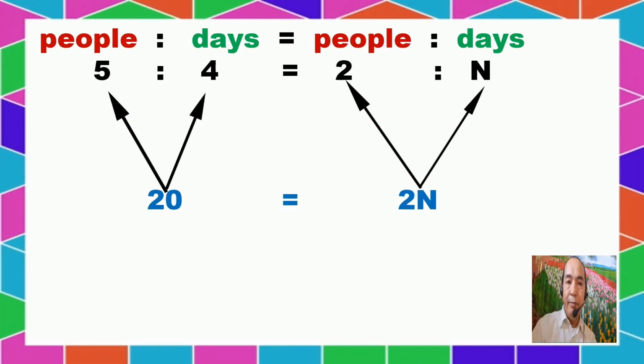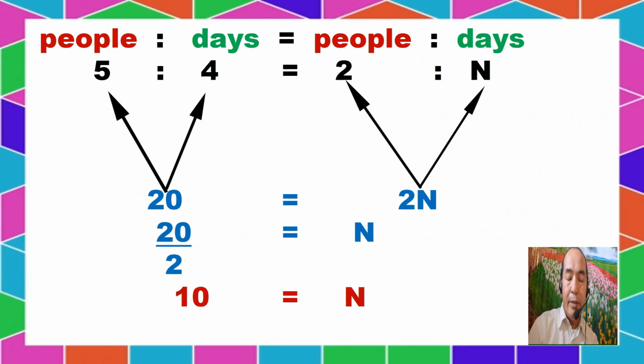So doing the multiplication, we have 5 multiplied to 4 will give us 20 and 2 multiplied to n will give us 2n. So we have 20 equals 2n. To find the value of n, we will divide 20 by 2, then we have the result of 10. So the value of n is equals to 10.